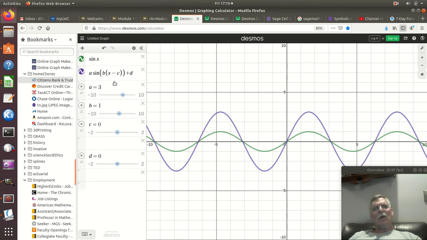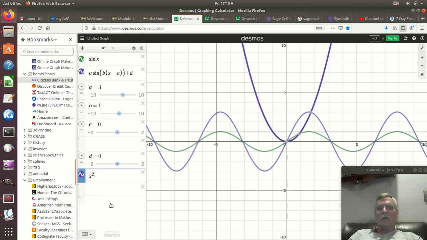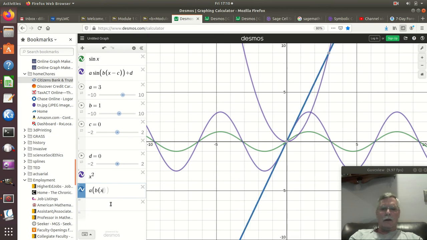And sines and cosines, these periodic functions are really nice ones to use to look at the effects of this. And we'll show you why. So let me do the same sort of thing. We'll start with x squared. Okay, and now I'm going to take a times b times x minus c all squared.